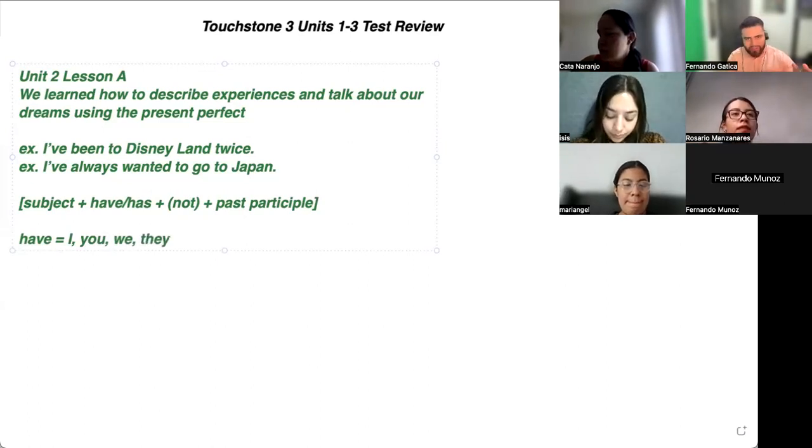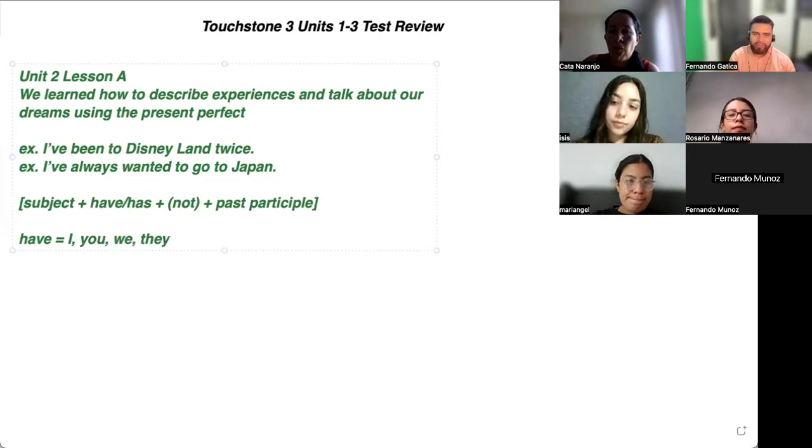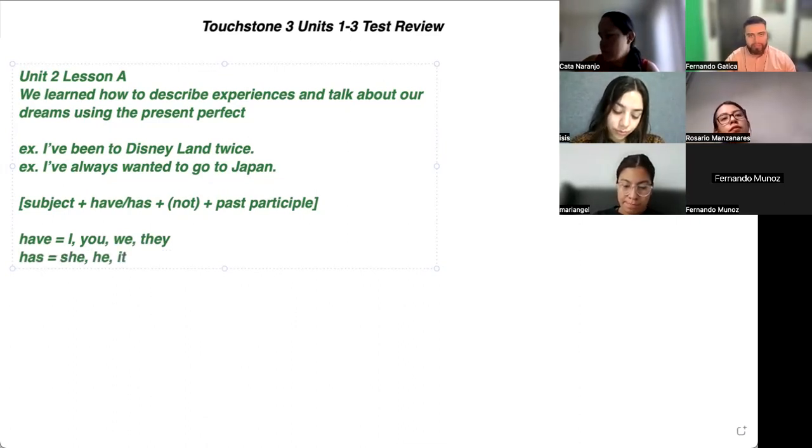Y todo lo que esos pronombres representen. Right? My friends, my cousins, well, not my family, no. But has goes with everything else. She, he, and it. And everything that those pronouns represent.